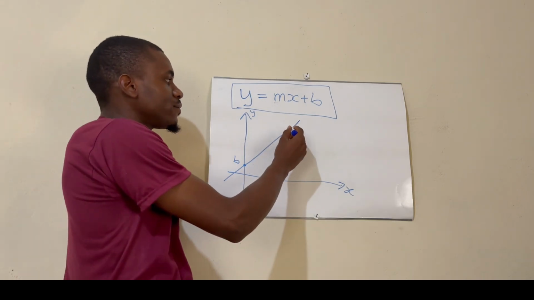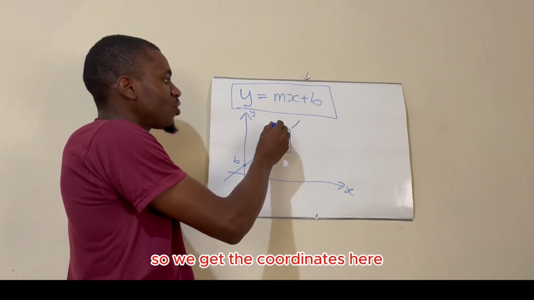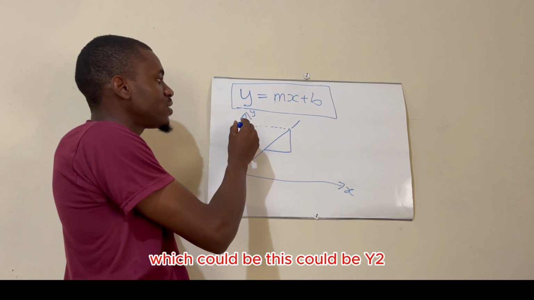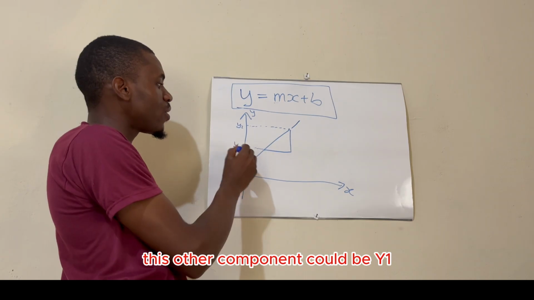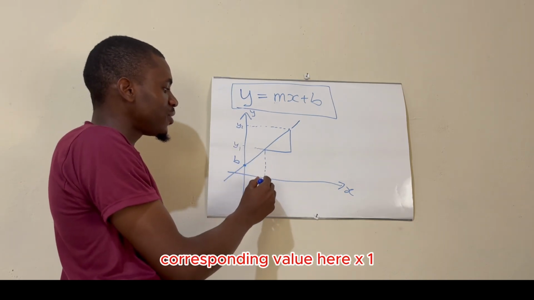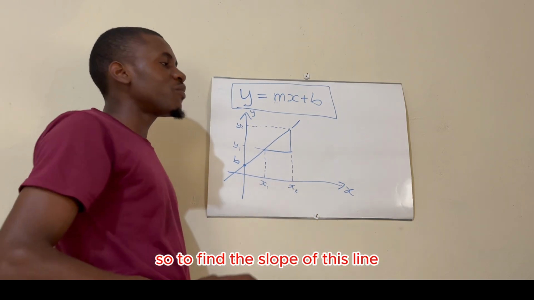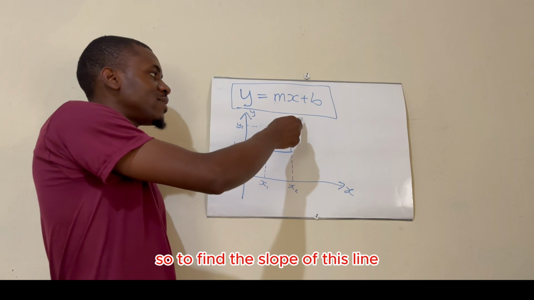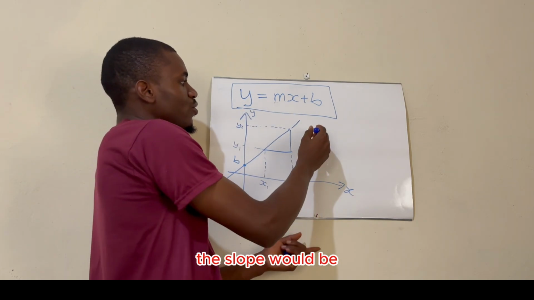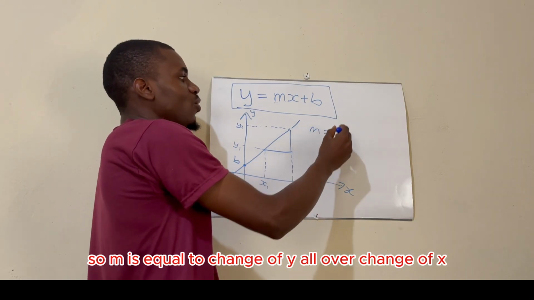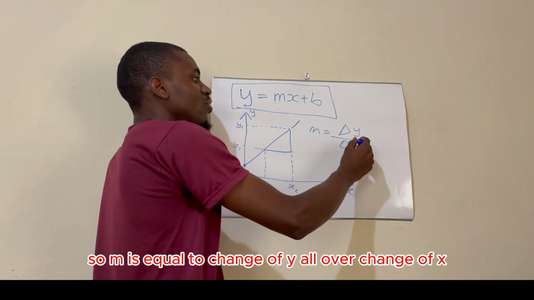The slope, we can use this to get the slope. So we get the coordinates here, which could be y2. This other component could be y1. Corresponding value here, x1, and the corresponding value here, x2. So to find the slope of this straight line graph, which can be represented by this equation, m is equal to change of y all over change of x.